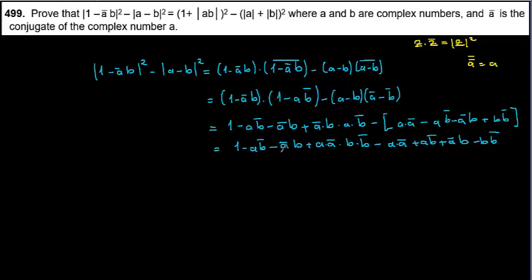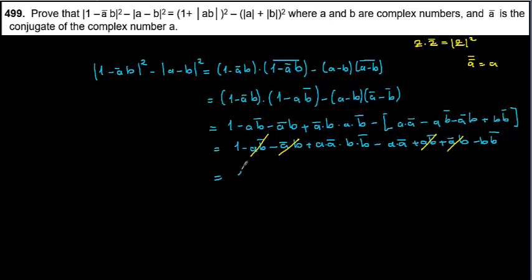Then here there are some same terms with different signs: AB conjugate and plus AB conjugate, and A conjugate B and A conjugate B. I'm going to simplify, and in this step I'm going to use this form again. Z times Z conjugate is equal to Z modulus square. So A times A conjugate is going to be like that.